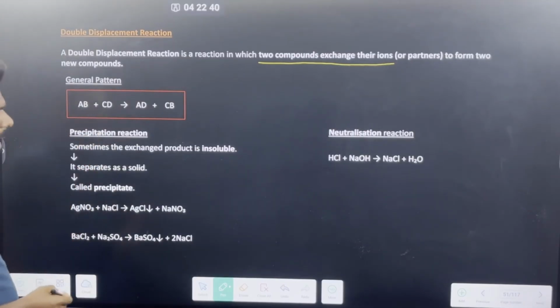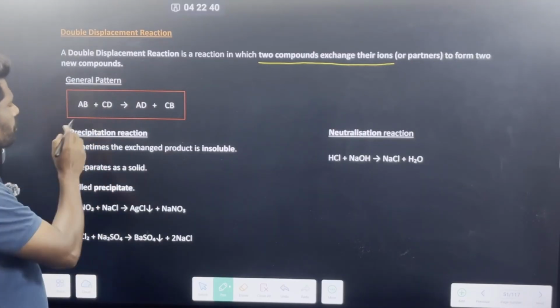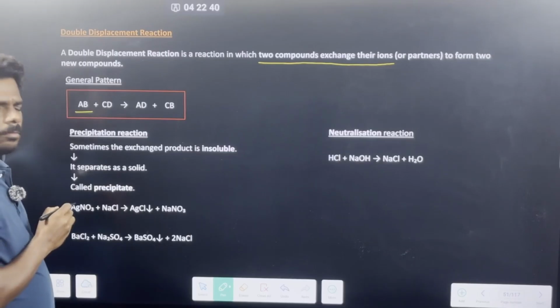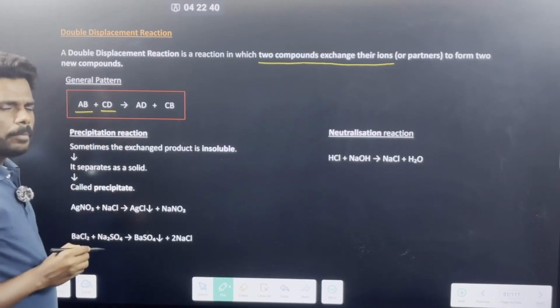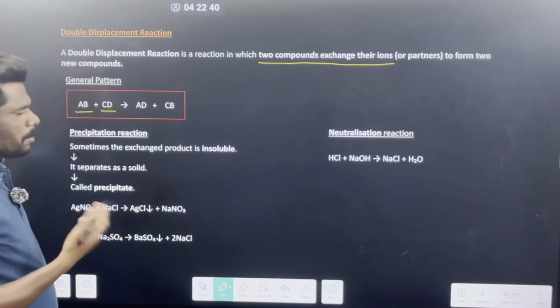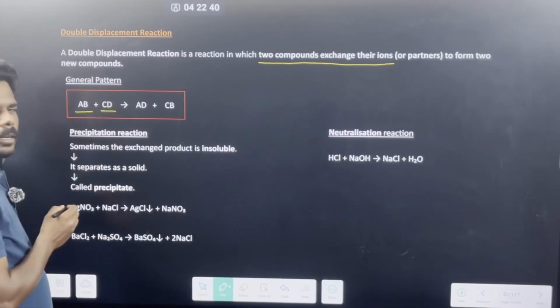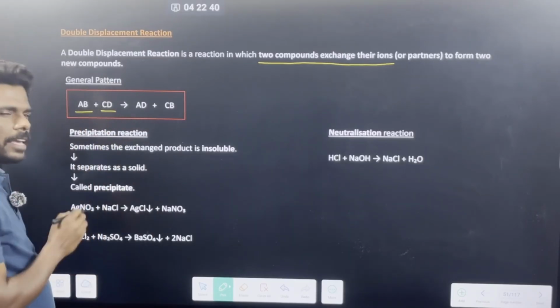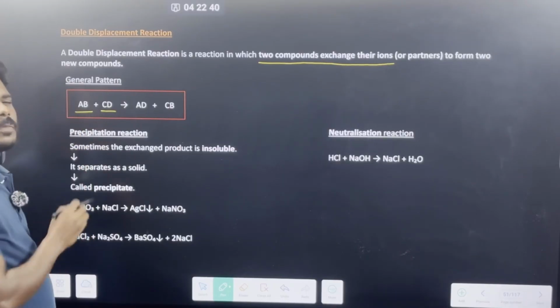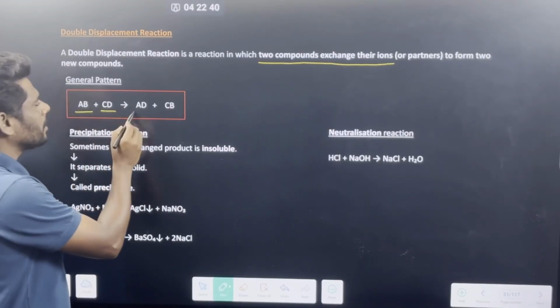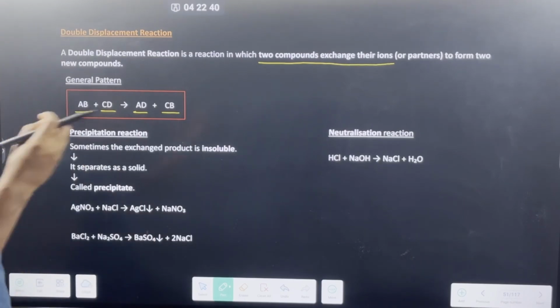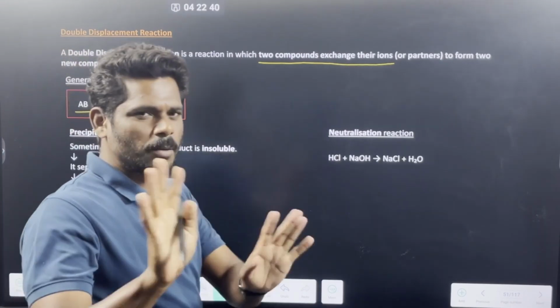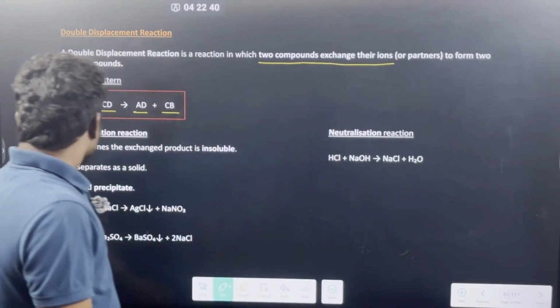If you look at the general pattern of the reaction, AB, imagine A and B is a pair, C and D is the pair. So simple. C got divorced with D and A got divorced with B. Now A married D and C married B. That's it. The partners are swapped, partners are exchanged. Achha, don't apply it to daily life.